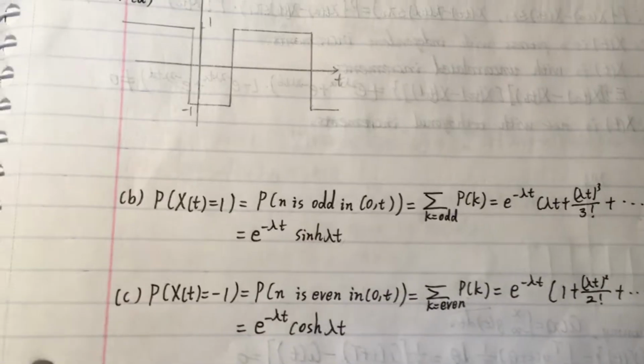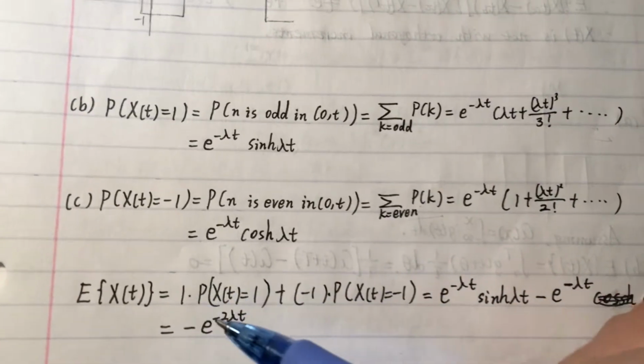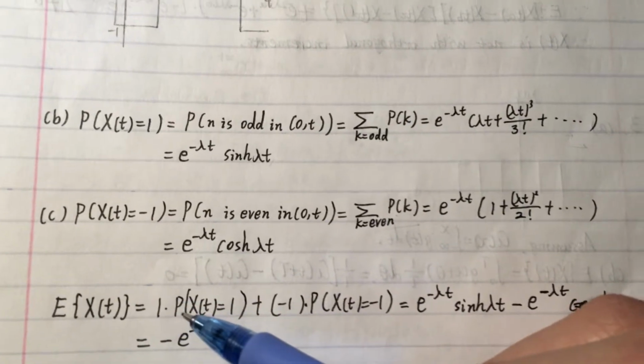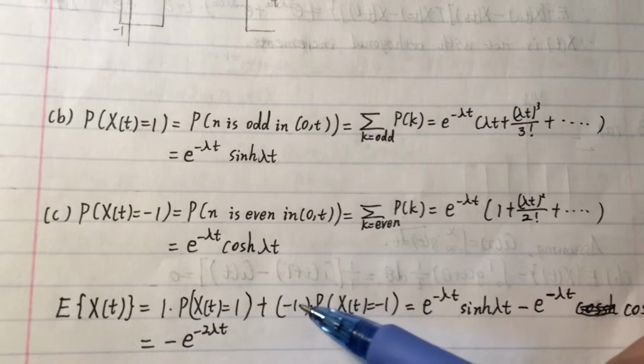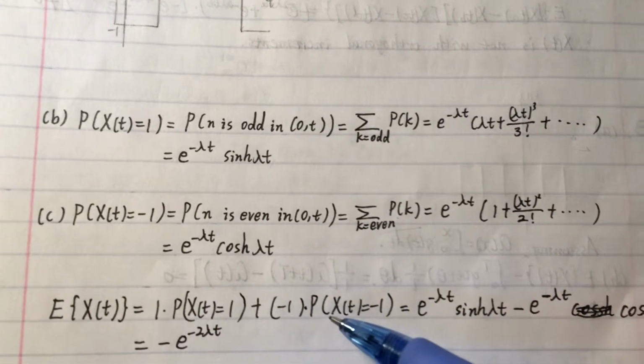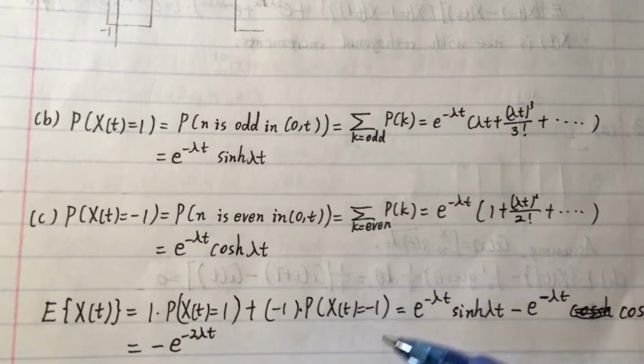So the mean of xt equals 1 times the probability of xt equals 1, plus minus 1 times the probability of xt equals minus 1.